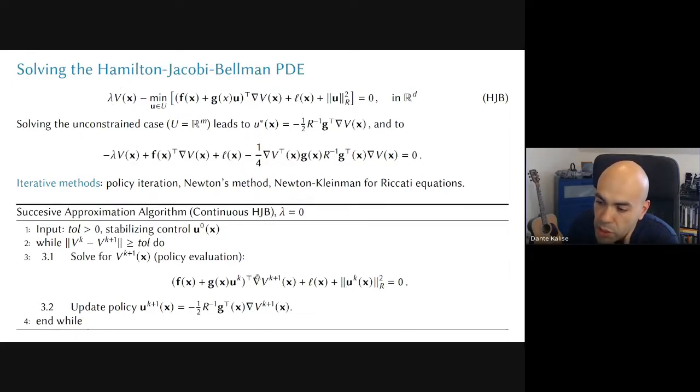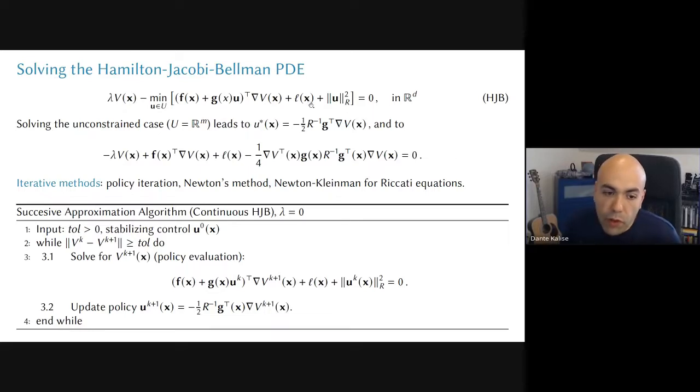You solve the linear equation associated to the gradient of V. Then with this relation here of the optimal control, once you solve for the gradient of V, you can work out an update of U, and then you apply the update of U again in the linear equation. This is truly a Newton method for this equation. Just freeze the control, solve the linear equation that is left after freezing the control, update the control, the policy, and then solve again. You iterate this until you reach convergence, and that's the way to treat this nonlinearity.